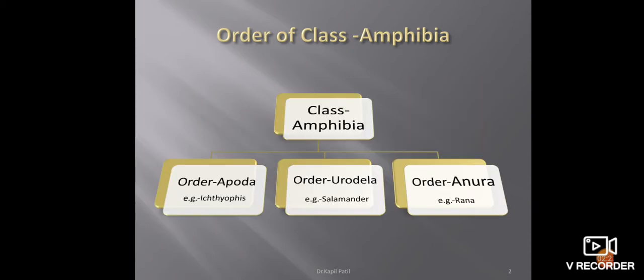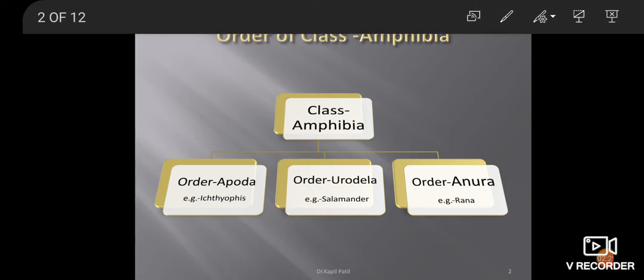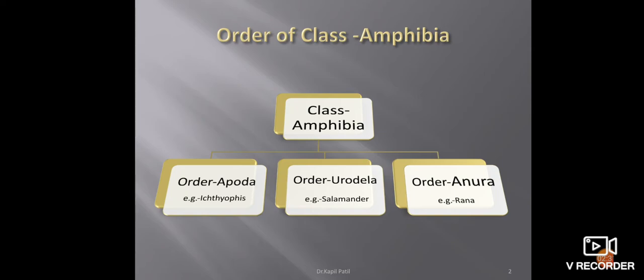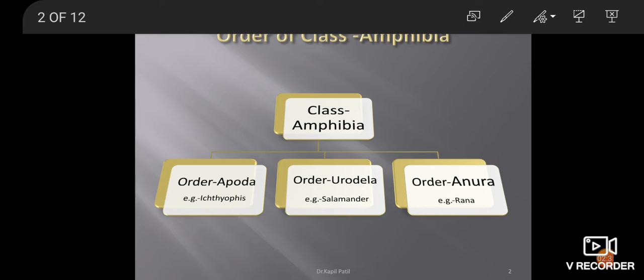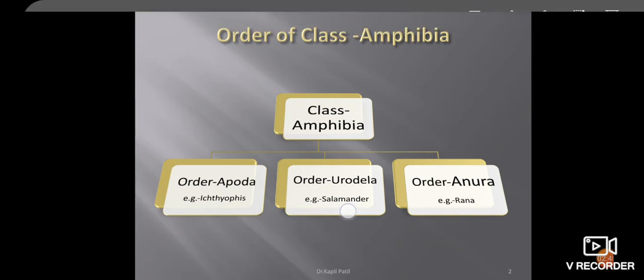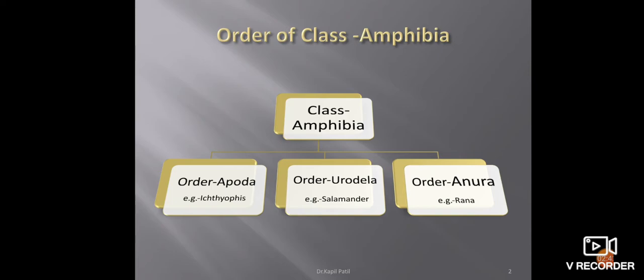Amphibia show the orders Apoda, Urodela and Anura. An Apoda example is Ichthyophis, an Urodela example is the salamander, and an Anura example is Rana, or frog, Rana tigrina.